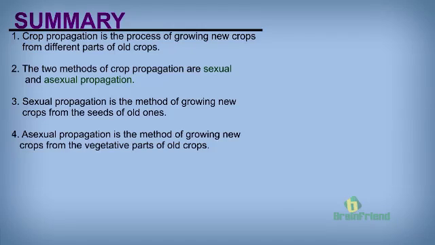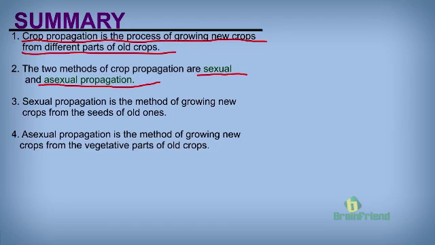The summary of all we've learned today is: 1, crop propagation is the process of growing new crops from different parts of old crops. And the 2 methods of crop propagation are sexual and asexual propagation.